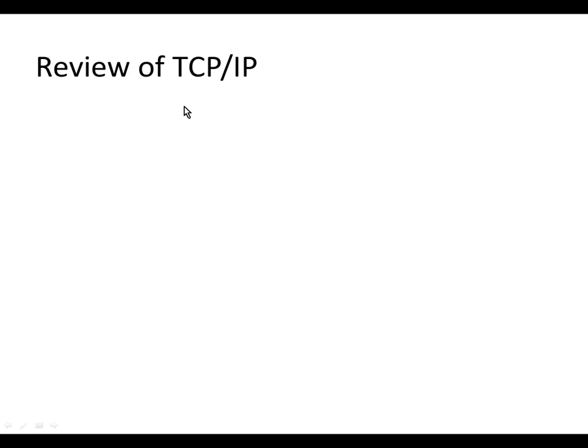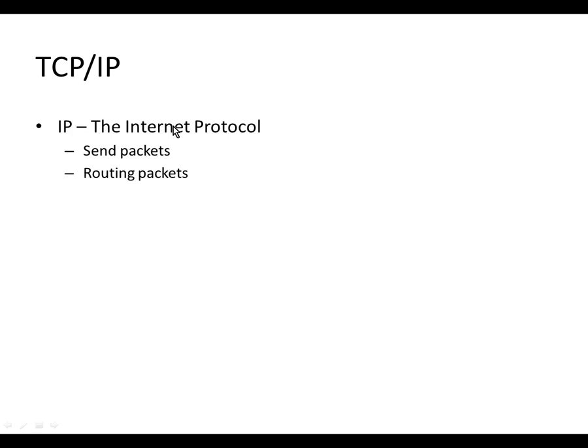So before we really get rolling on this chapter, let's just do a bit of a review of TCP/IP. We say it as if it is one single protocol, but actually TCP/IP is two protocols. TCP/IP includes the IP protocol, the Internet Protocol, which is used for sending packets and routing packets.